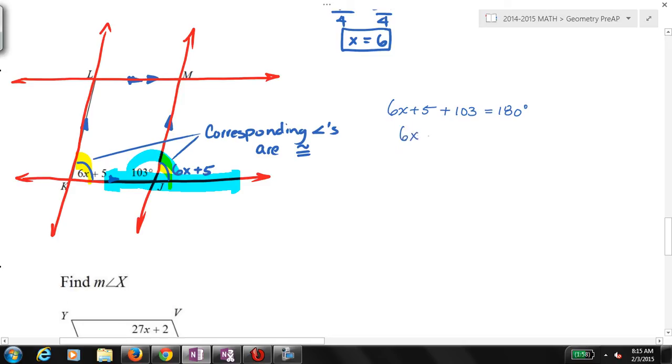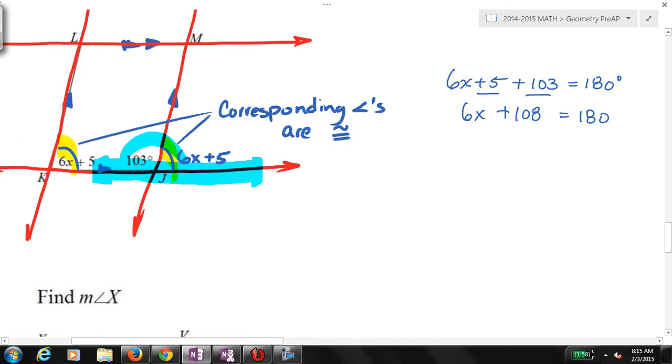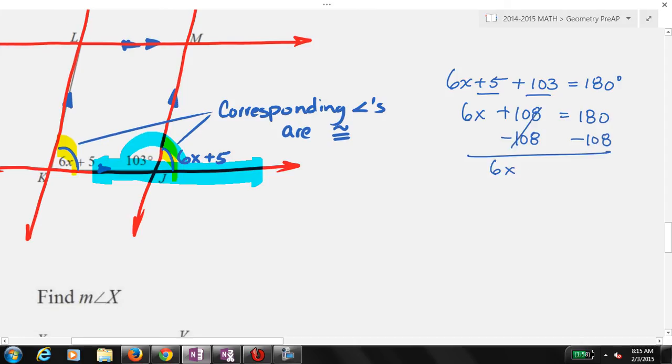So I have 6x, if I combine like terms, plus 108 is equal to 180, minus 108, just the algebra here. 6x, this goes to 0, is equal to, what is this, 72?